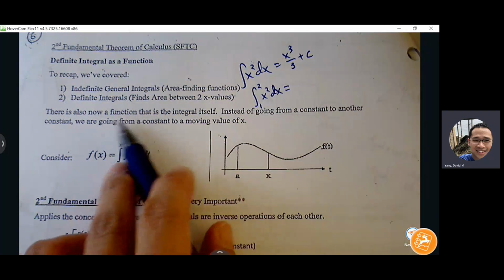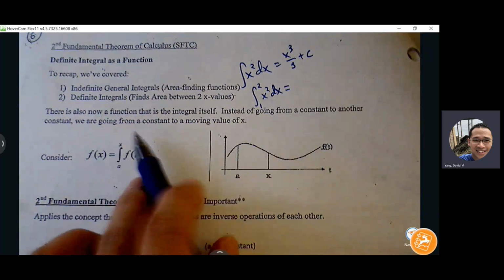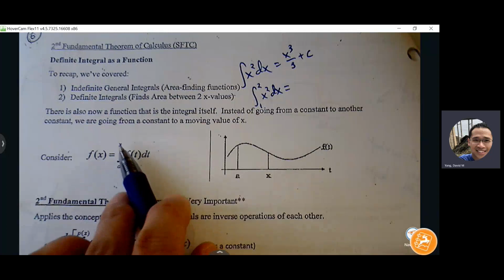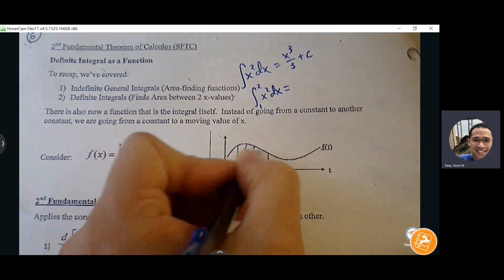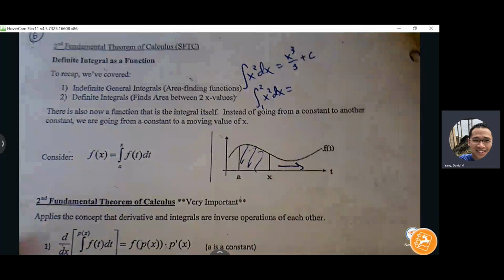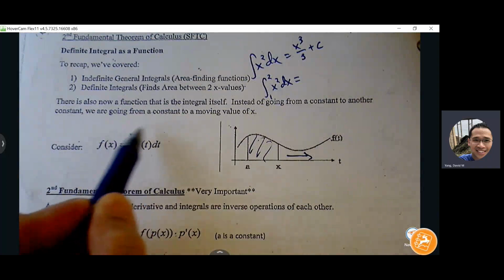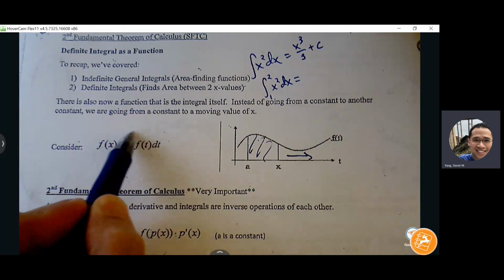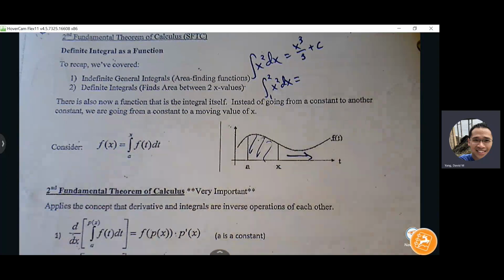But now there's also a function that's the integral itself. So instead of going from a constant to another constant, we're going from a constant to a moving value of x. And we don't have to worry so much about visualizing this. We just have to know how to deal with a problem that has a variable that has an integral as part of its function.